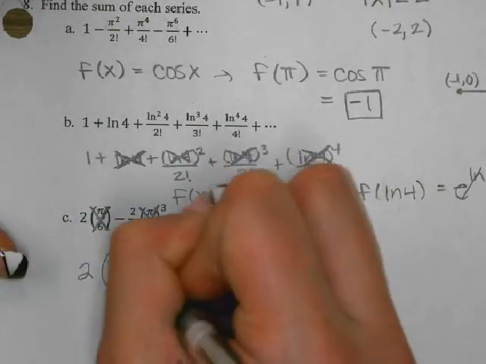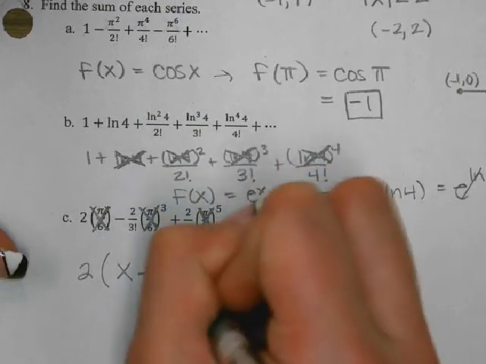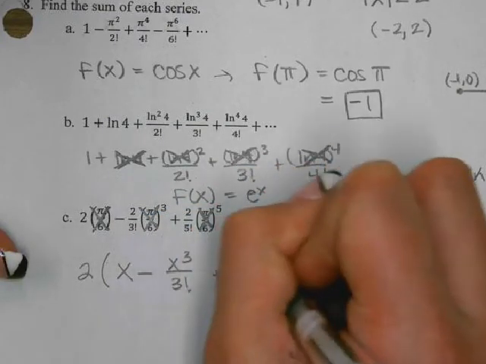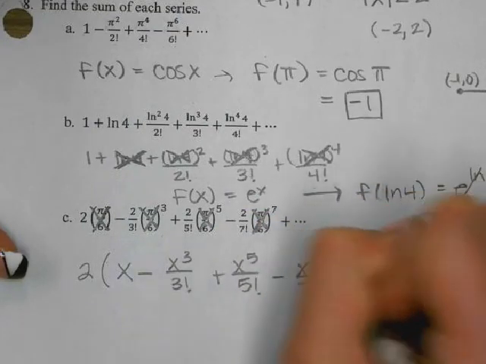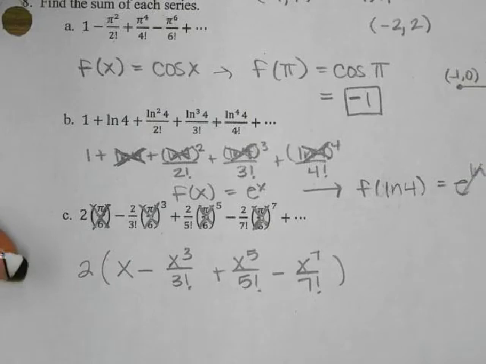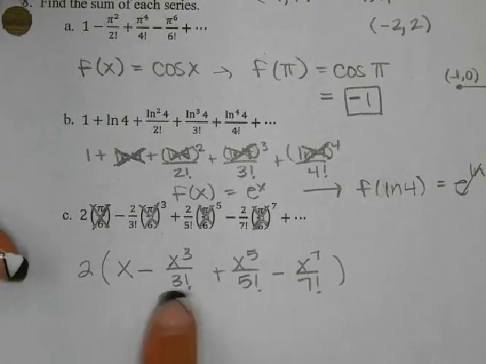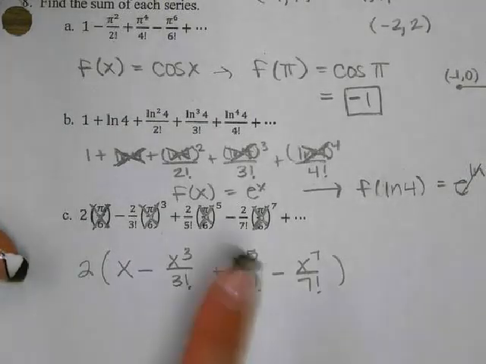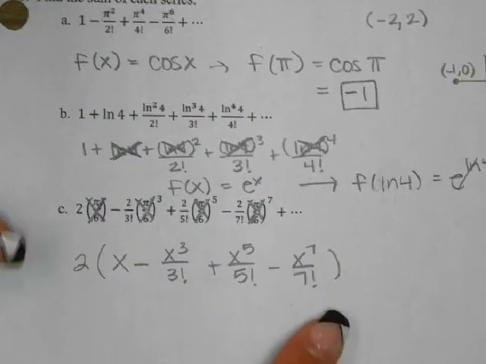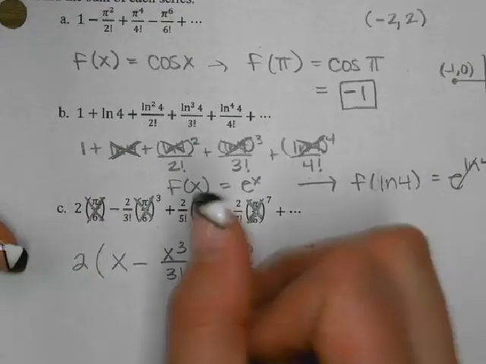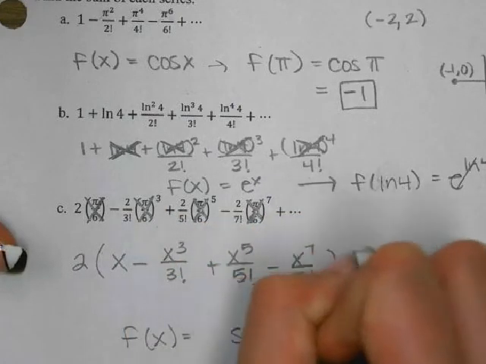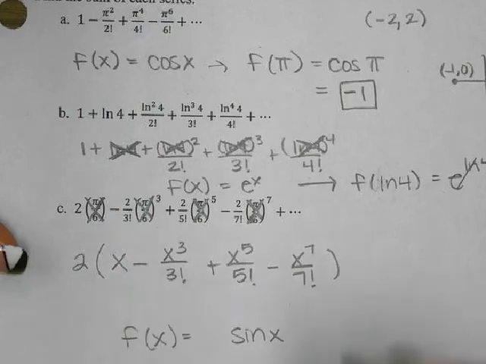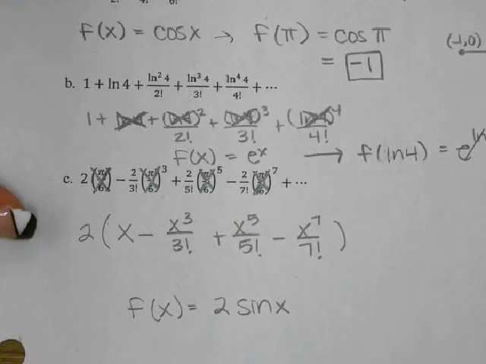So x minus x to the third over 3 factorial, plus x to the 5th over 5 factorial, minus x to the 7th over 7 factorial. It's like they used the Maclaurin polynomial, but they had a 2 in the front, they distributed it. So this Maclaurin polynomial represents sine of x, and then there was a 2 in front being distributed to that polynomial, so that means there was a 2 in front of sine x.